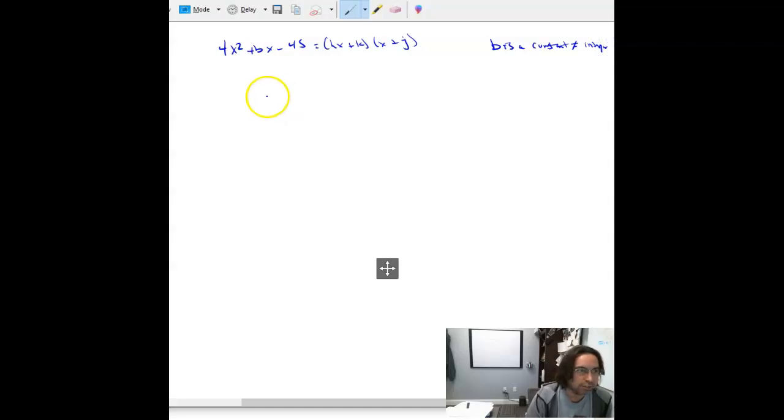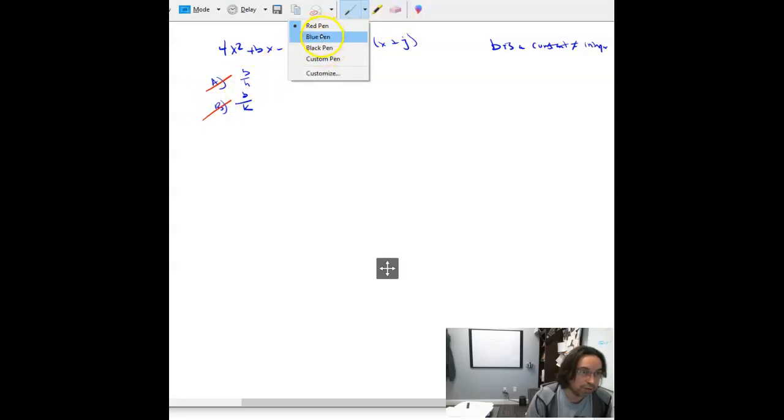So if you look at answer choices A and B, it's got b over h and b over k. Since we don't know that b is an integer and it could be a constant, we're going to eliminate those two answer choices from consideration, okay?